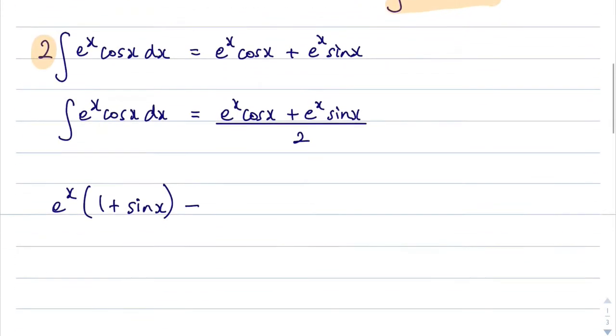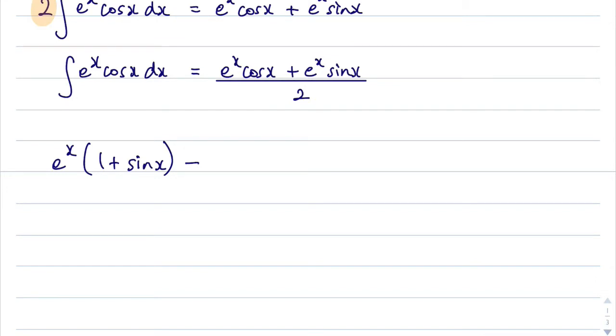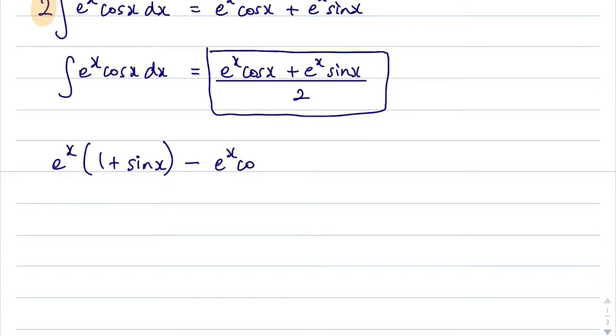Well, we know that is this here, so we're going to subtract that: minus (e to the x cos x plus e to the x sin x), and that is all over 2.